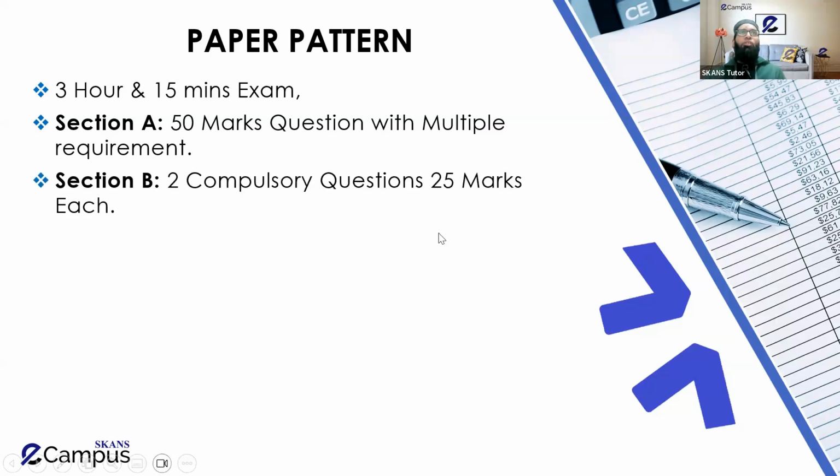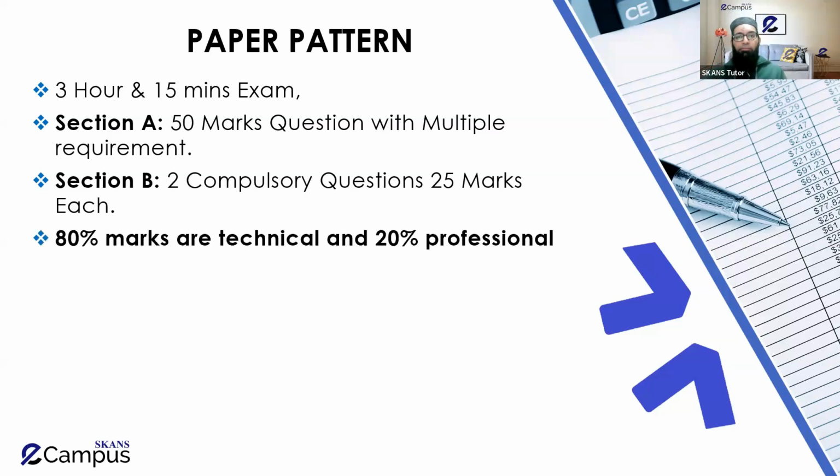The remaining 50% is your section B, which contains 2 questions worth 25 marks each. Therefore, we must answer a total of 3 questions in the complete examination, 1 in section A and 2 in section B. All the questions in the paper would be split into 2 areas: technical, which carries 80% weightage, and professional, which carries 20%.